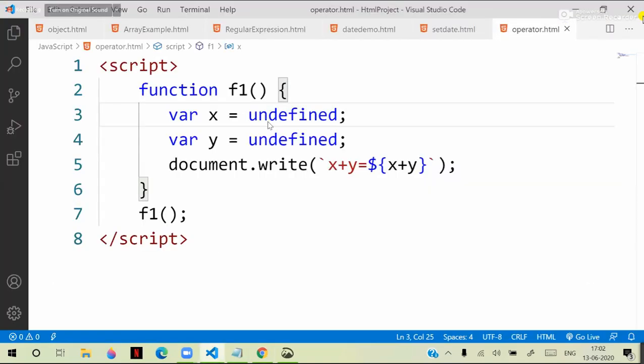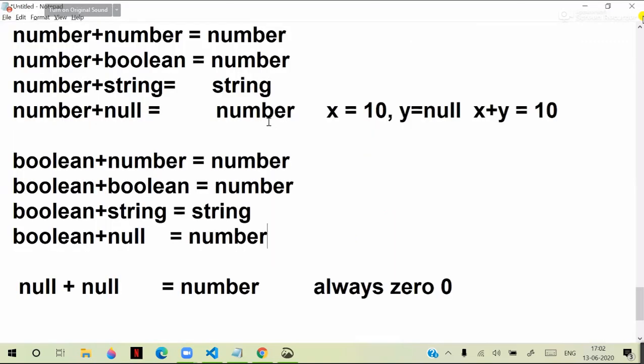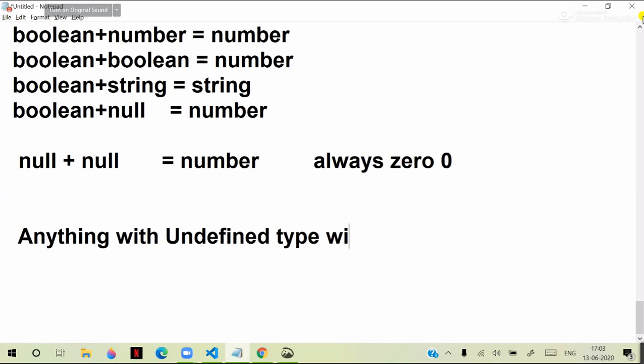So anything with undefined type will return NaN, not a number.